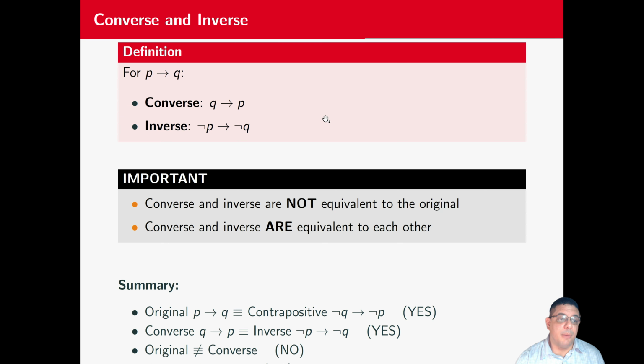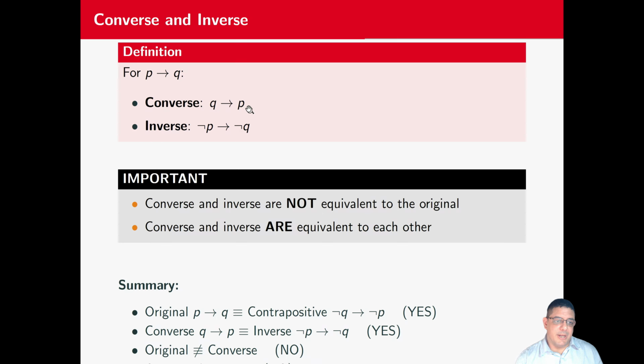Now, the converse and the inverse are a couple of implications as well. Given that we have P implies Q, the converse is Q implies P. The inverse will be negation of P implies negation of Q. The converse and inverse are not equivalent to the original, but the converse and the inverse are equivalent to each other.